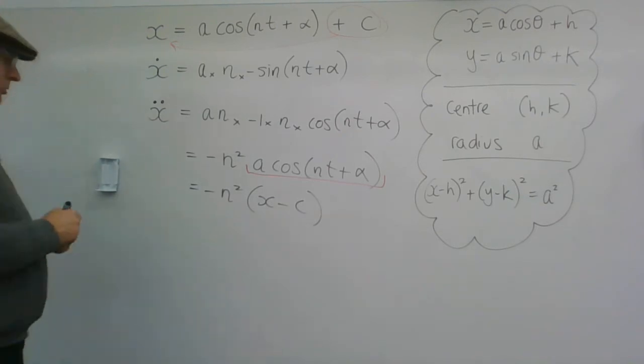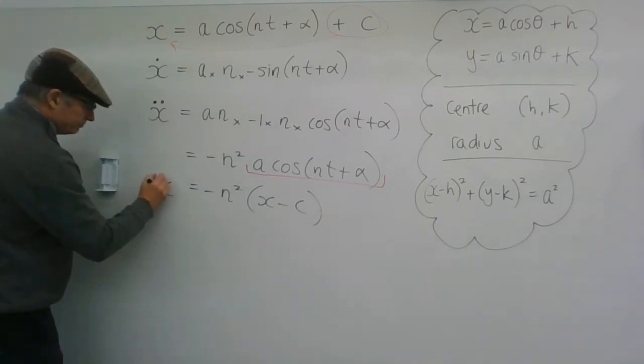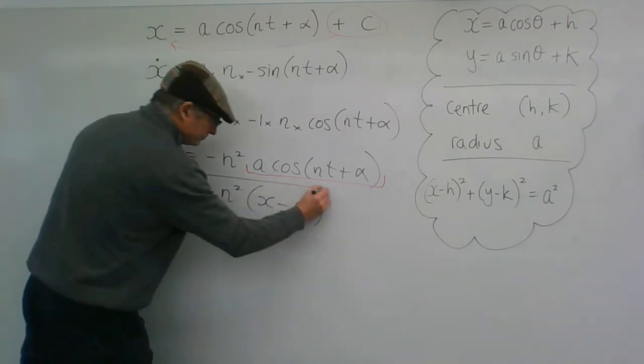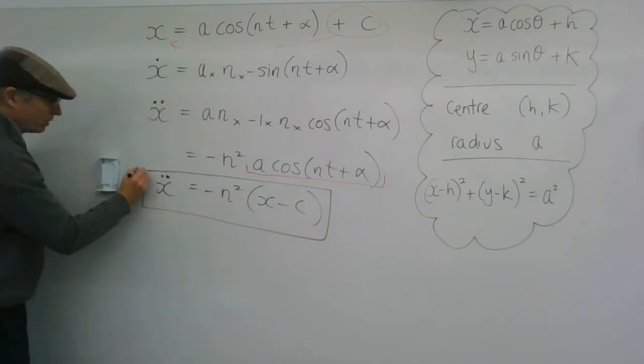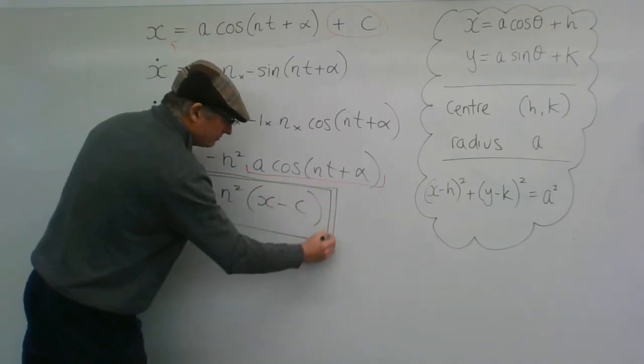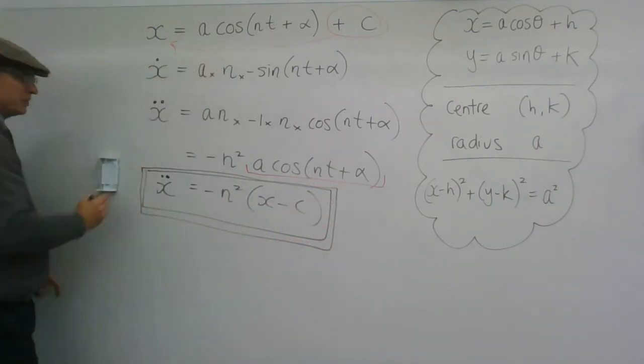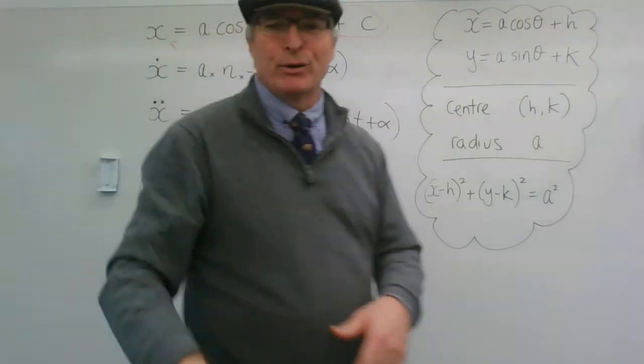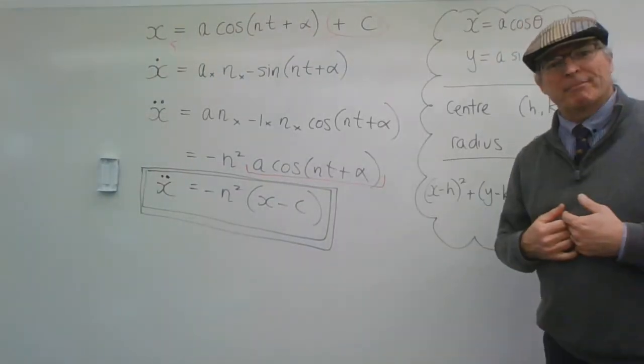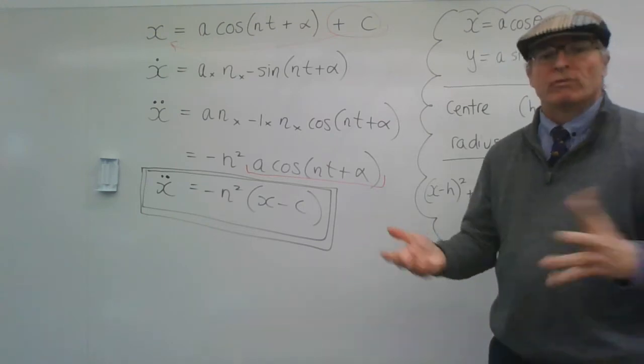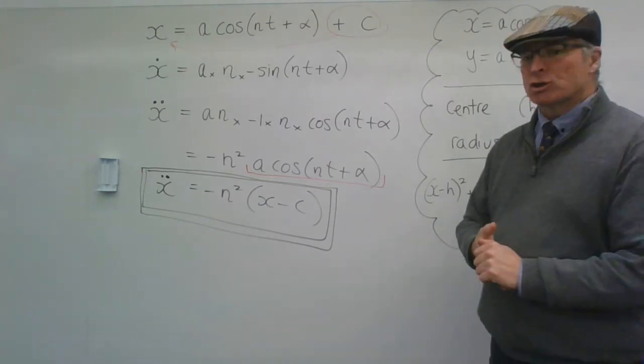So in conclusion, what I've got in the box here is very, very important because it's how you define simple harmonic motion, how you can show or prove something's in simple harmonic motion.